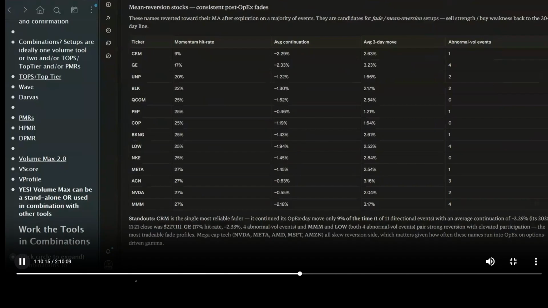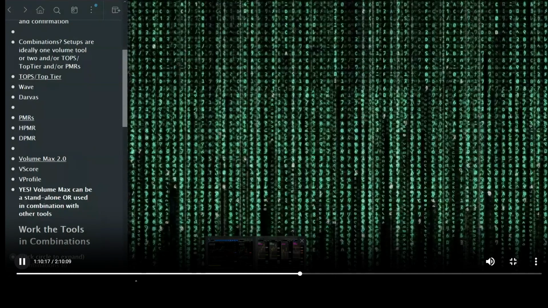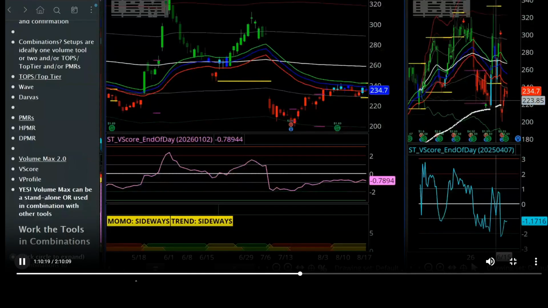But really, the thing that's going to be the telltale is, do I have a setup? And what's confirming it? How many ands do I have? And especially after OPEX, I would want to see volume. Because remember, OPEX volume is going to be based on driving price to where we'll likely see the largest number of options expire worthless. But then that money, that expired money, is going to go to work.